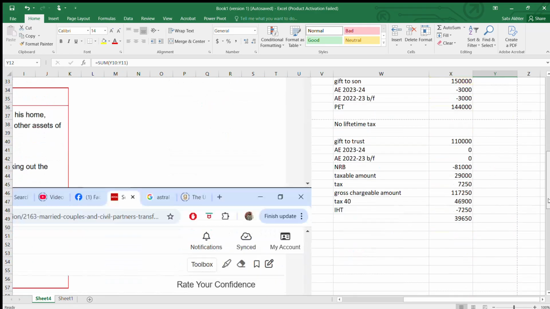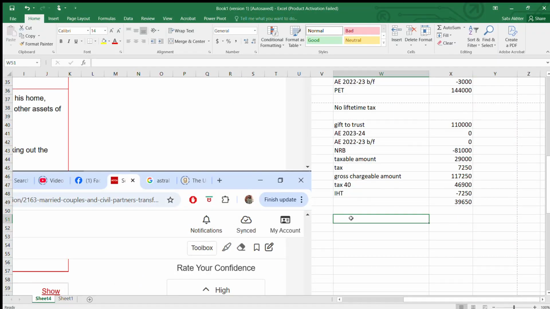The question is on the nil rate band. So to calculate, it's 100,000 divided by 285,000. Out of the 285, you have used 100,000. If you convert this in percentage, it's 35. So unused is 100 minus 35. It is 65%.